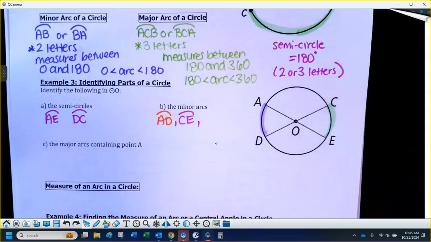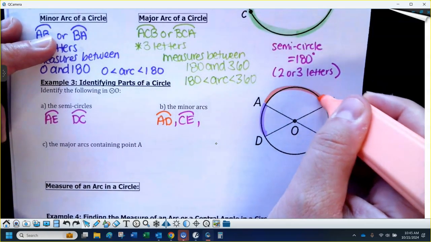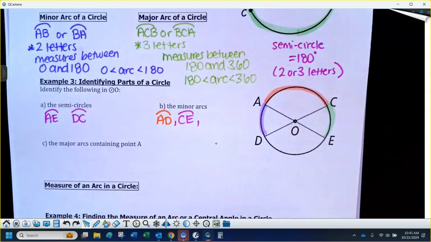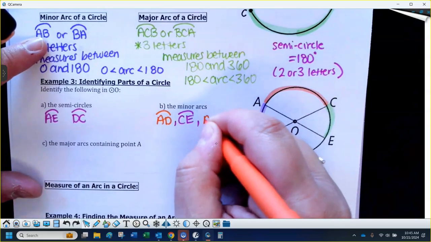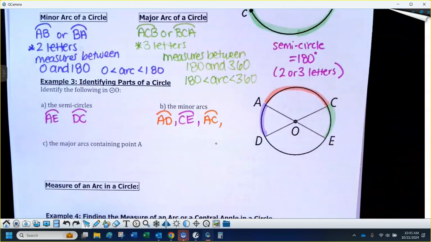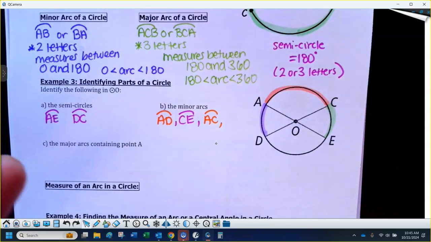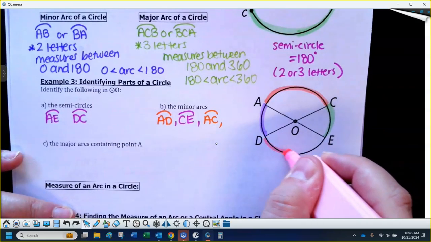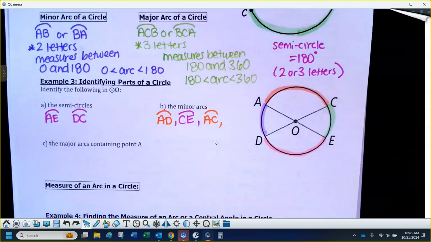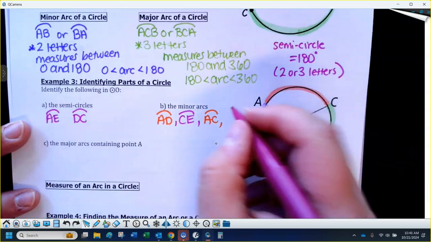I could do AC. That's not half the circle, right? It's a portion of it, but it's not half. So I could do AC or CA. And I could also do D to E. That would also be a minor arc. Minor arc just means that you're less than half the circle.